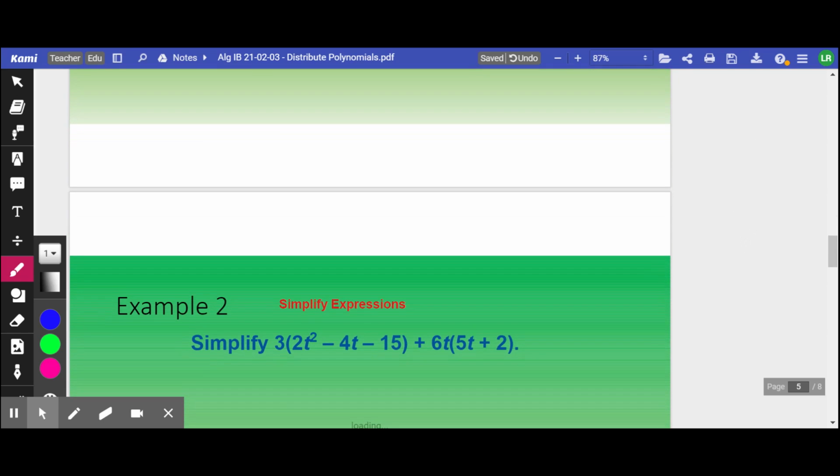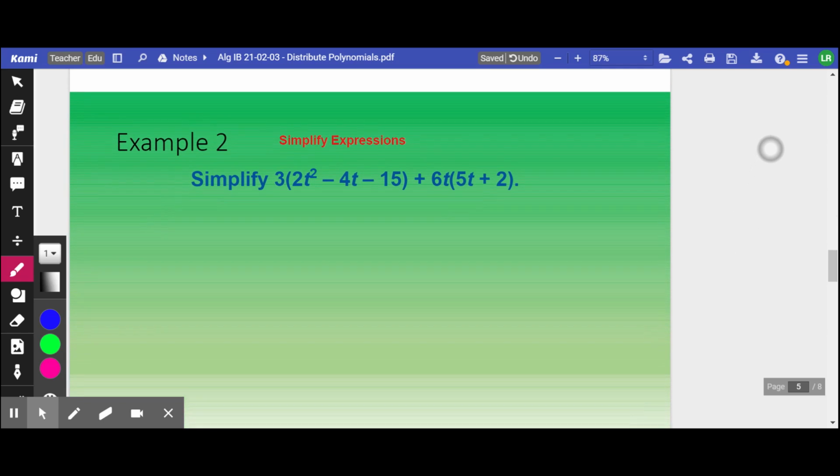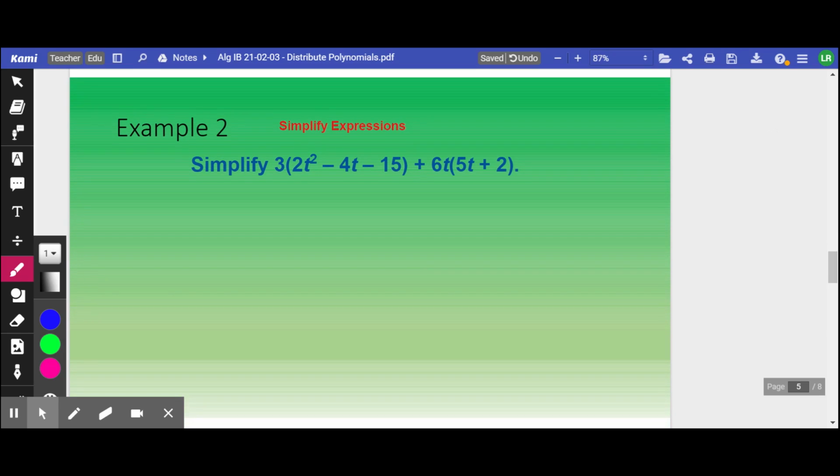Now, the next step is to combine what we did yesterday with adding and subtracting polynomials with what we now have with multiplying polynomials. I have my parentheses, and just like we were doing with adding and subtracting, we look in front of the parentheses.